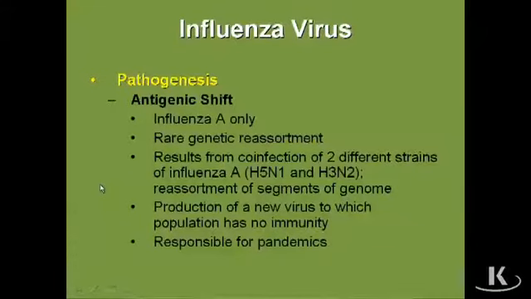Antigenic shift can only happen when you have a co-infection with two different strains of influenza A. So you have some poor bird or some poor pig on the other side of the world having a really bad day, gets infected with not one, but two influenza A viruses. Remember I said you needed to know the influenza viruses were segmented?